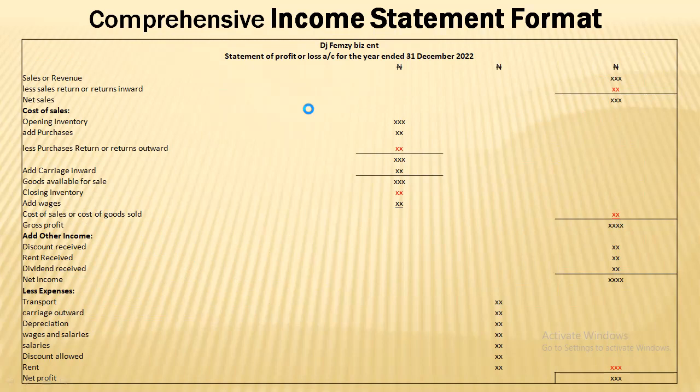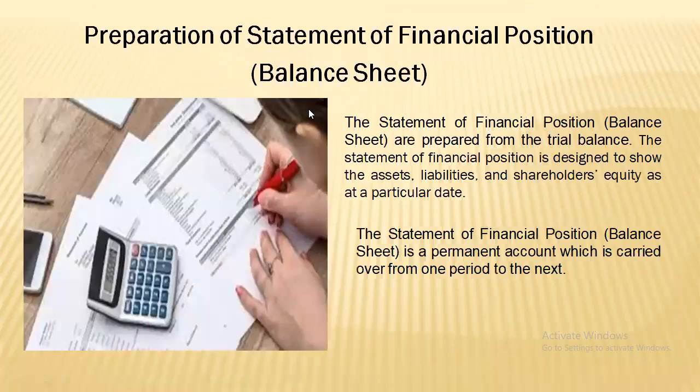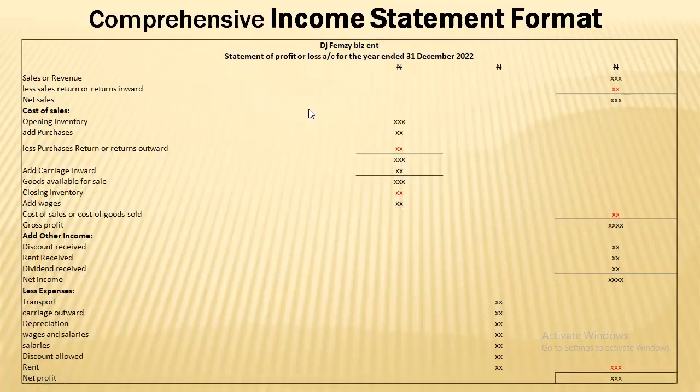So in this case, we are preparing a statement of profits and loss account for the year ended 31st December 2022. That means the year is supposed to end 31st December 2022. So most times the year end would have been given to you in the question. So you follow the year end that has been provided in the question.